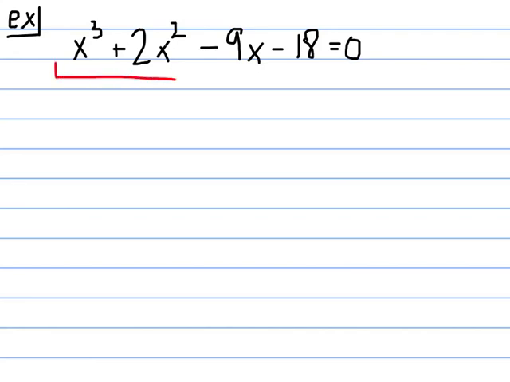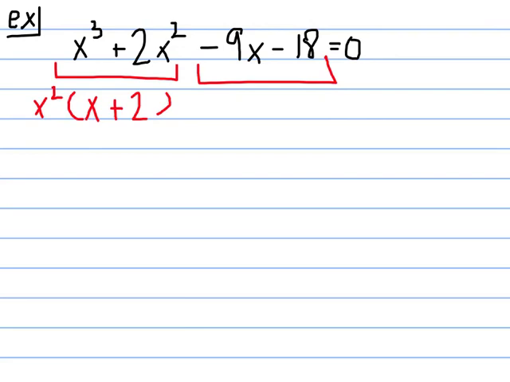I'm going to group the first 2 terms together and then the second 2 terms together. And look, between each group there's a common factor. I have x squared, so in the first group I'm going to factor the x squared out. That leaves me with x cubed, factor x squared out leaves me with x, and factoring an x squared out of the second term we get x plus 2.